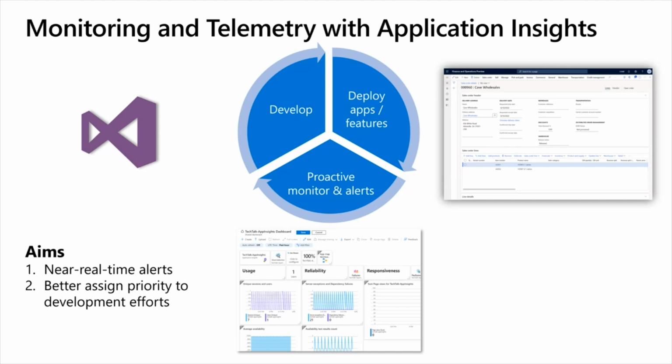Based on seeing any anomalies, errors or issues, you can then bring that back into the development cycle. But it's not just for solving problems. We even see customers needing this kind of data for assigning priority to their development efforts. If your stakeholders ask you to build 3 different customizations, you can very clearly see that one area of the system has low utilization, like maybe only 2 people visit this form.